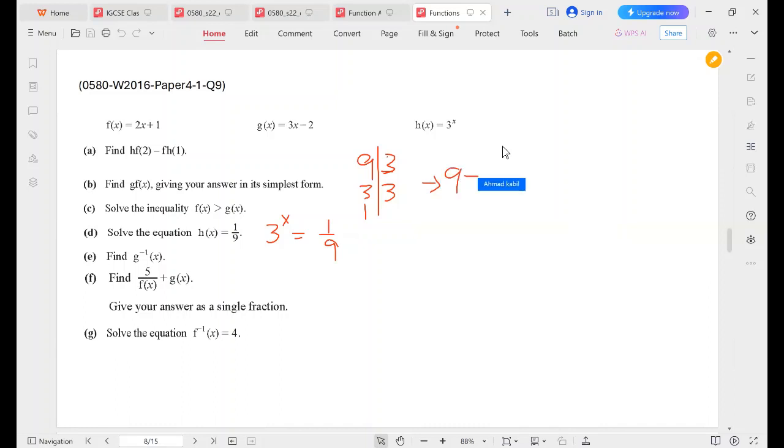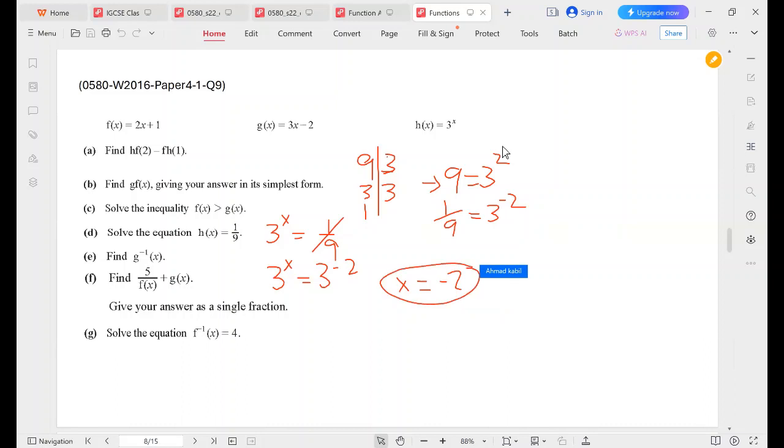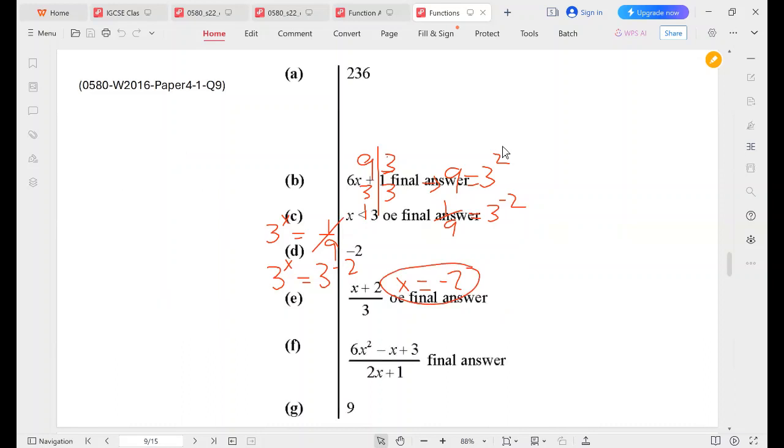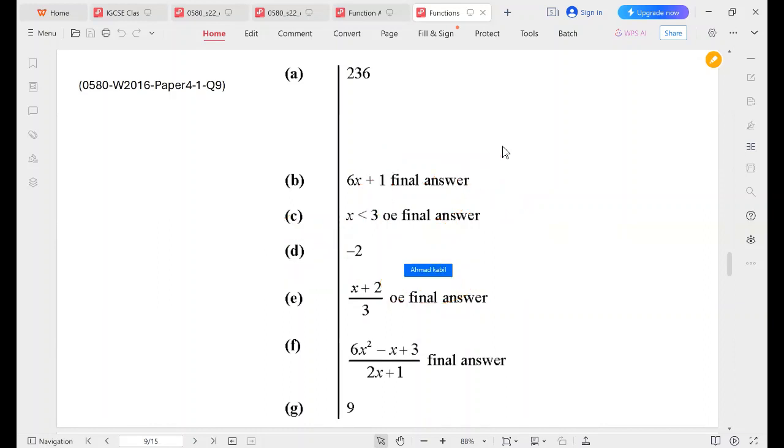Therefore, 9 equals 3 power 2. And 1 over 9 would be 3 power -2. So therefore, instead of 1 over 9 here, we can write 3 power -2 equals 3 power x. Therefore, x equals -2 would be the final answer. And this is the correct answer for D. -2 is the correct answer here.